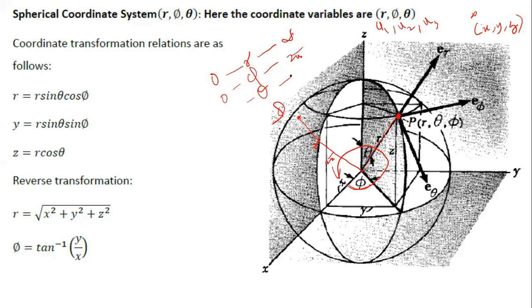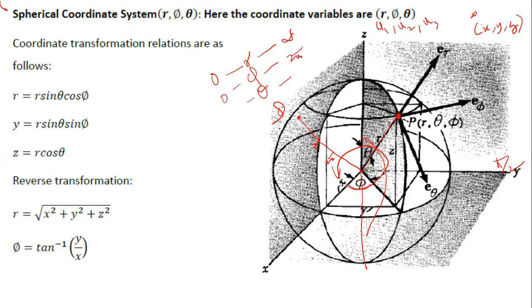The theta coordinate line is simply the angle the r coordinate line subtends with the z-axis. If you vary theta from 0 to pi upon 2, you are able to cover only the top half.